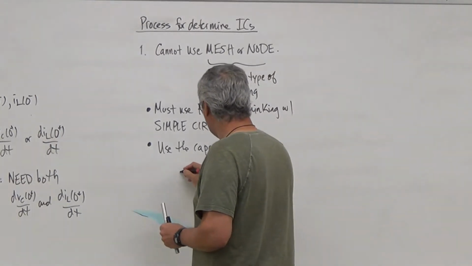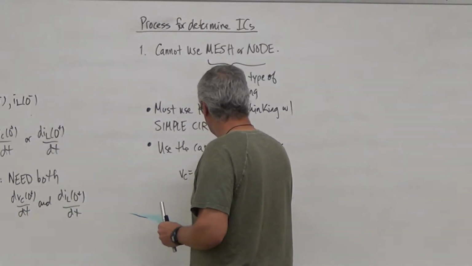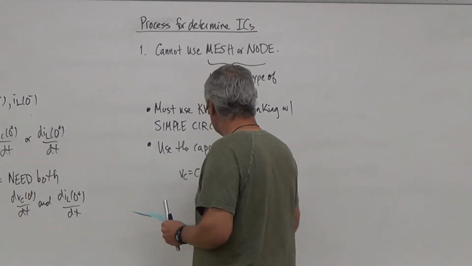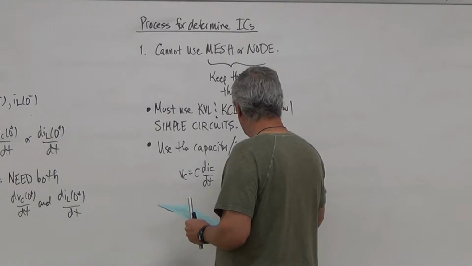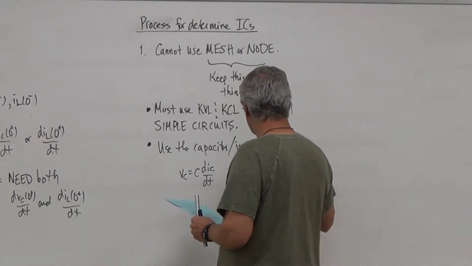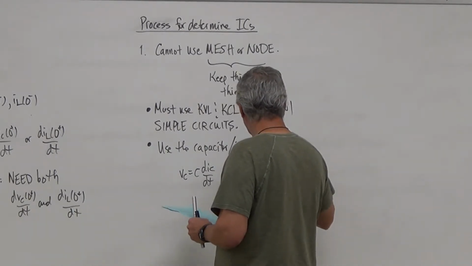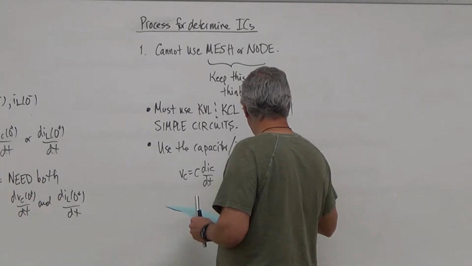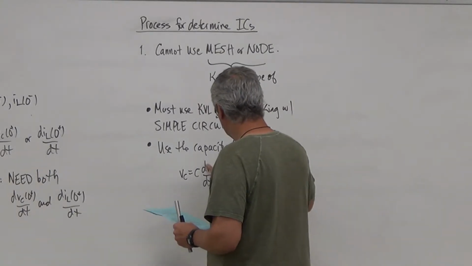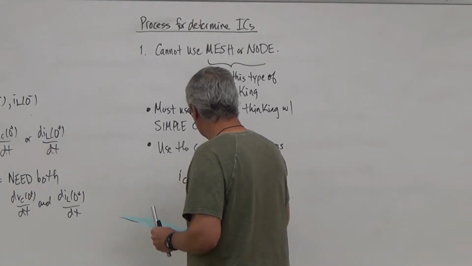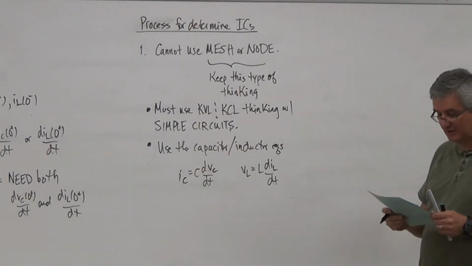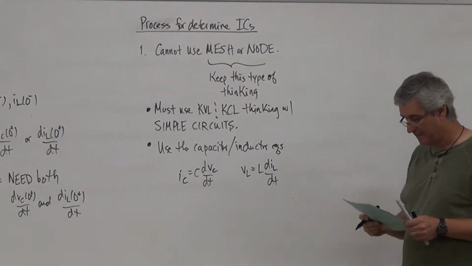That means you're going to have to relate these guys here. Oops, I think I wrote that wrong. This should be VC. This should be IC. You're going to have to constantly employ these.